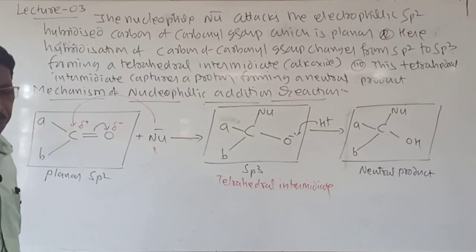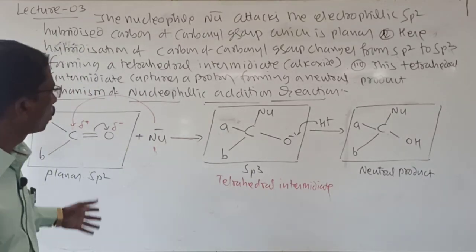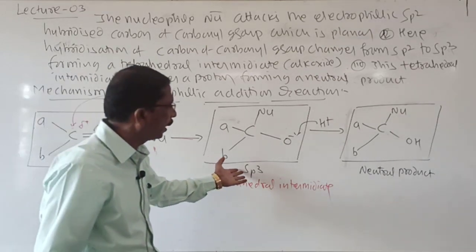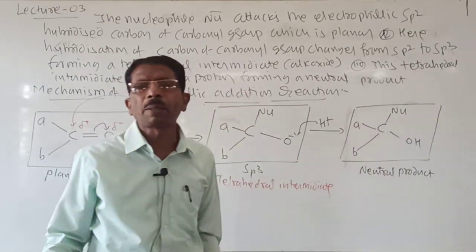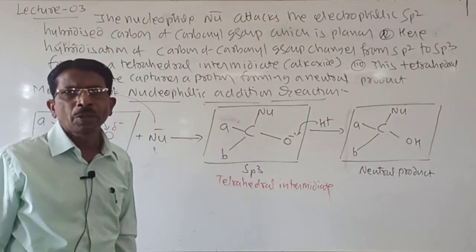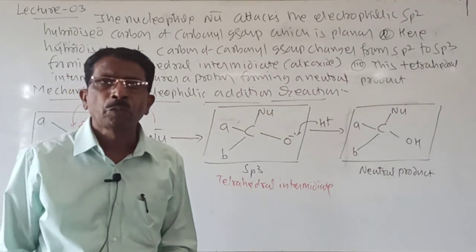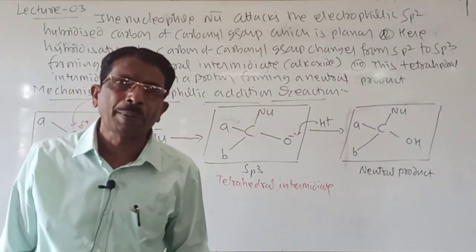Look here students, the type of hybridization also changes from sp2 to sp3, and it forms a neutral product. This is the mechanism. Both the nucleophile and the proton are added. So this is the mechanism of the nucleophilic addition reaction. Tomorrow we will discuss the remaining part. Thank you.